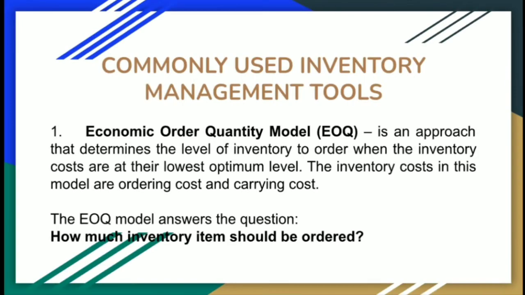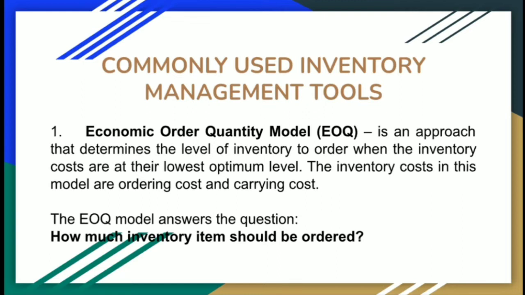Okay, first let's tackle the first model of inventory management tools, which is the economic order quantity model, or EOQ. It is an approach that determines the level of inventory to order when the inventory costs are at their lowest optimum level. The inventory costs in this model are ordering cost and carrying cost.